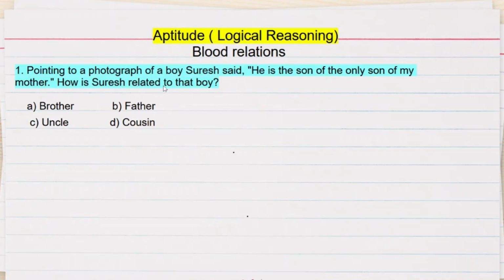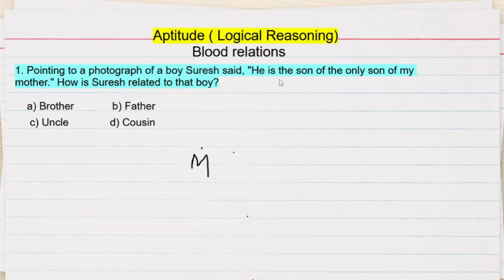And who is being referred to here is Suresh. Mother is, let's say, M here, so we'll draw a dot. Pointing to the photograph of a boy, Suresh said he is the son of the only son of my mother.